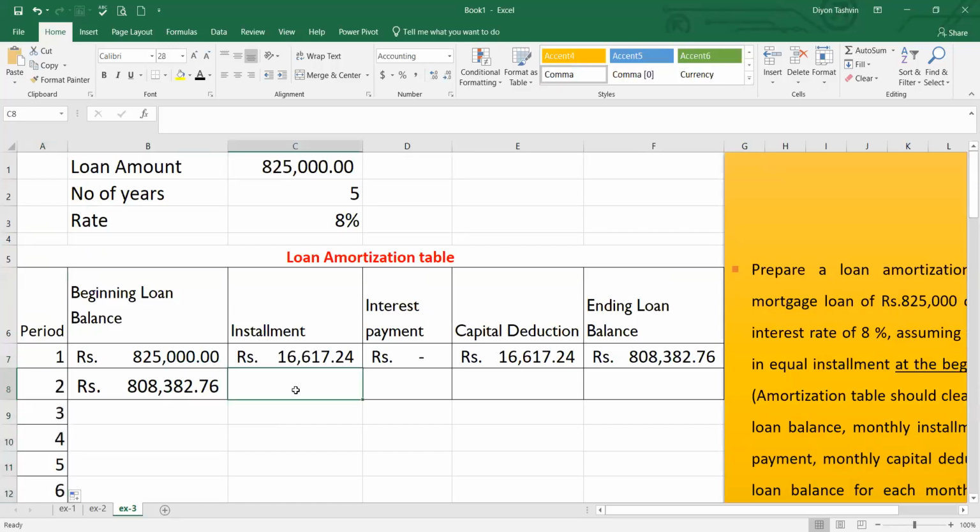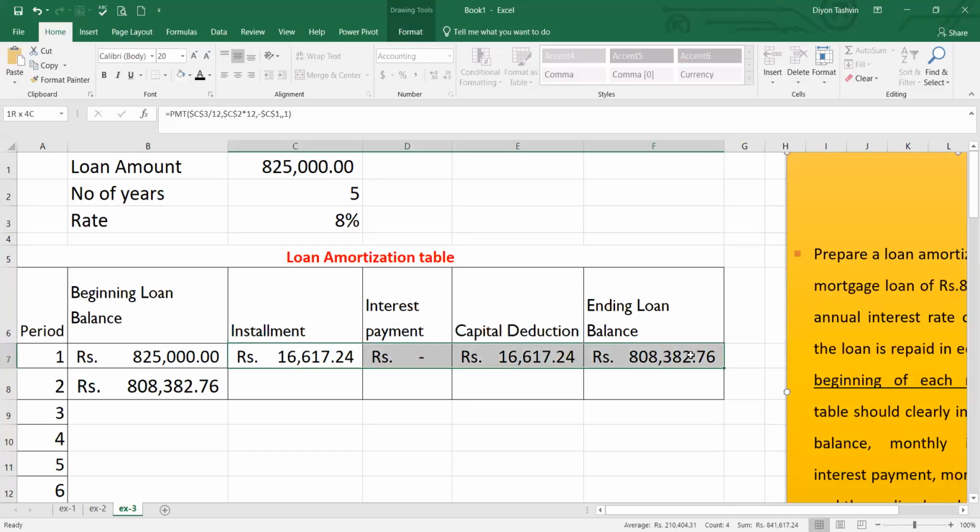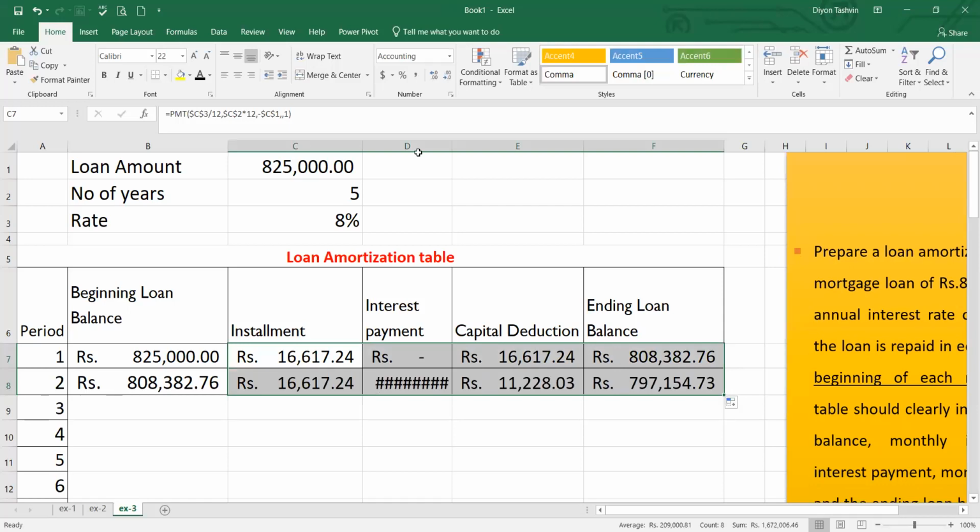Then I'm going to apply the auto filling option to the rest of the table. First, I'm going to highlight the installment, interest payment, capital deduction, and ending balance of the first period, and I'm going to drag it up to the second period by using the auto filling option.